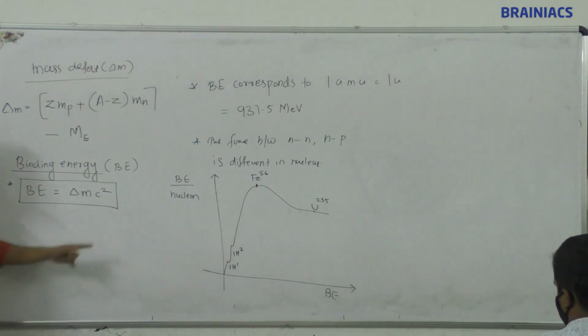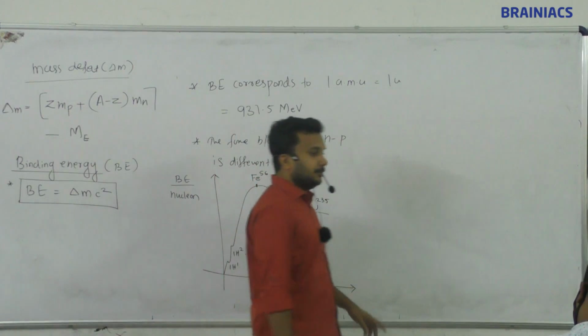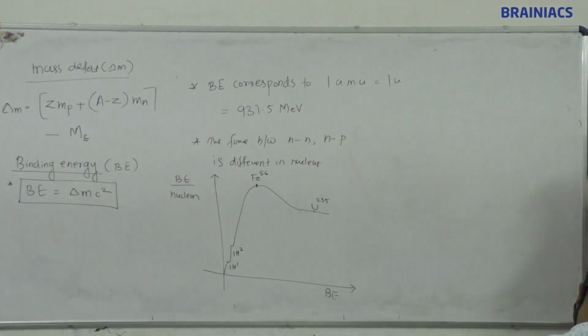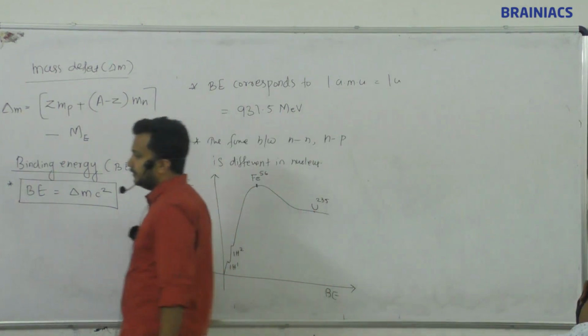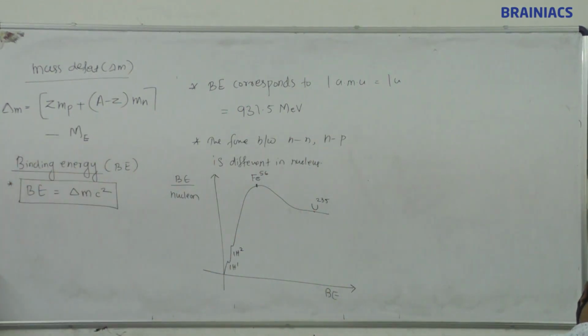Iron-56 is the most stable element, having the highest binding energy per nucleon.